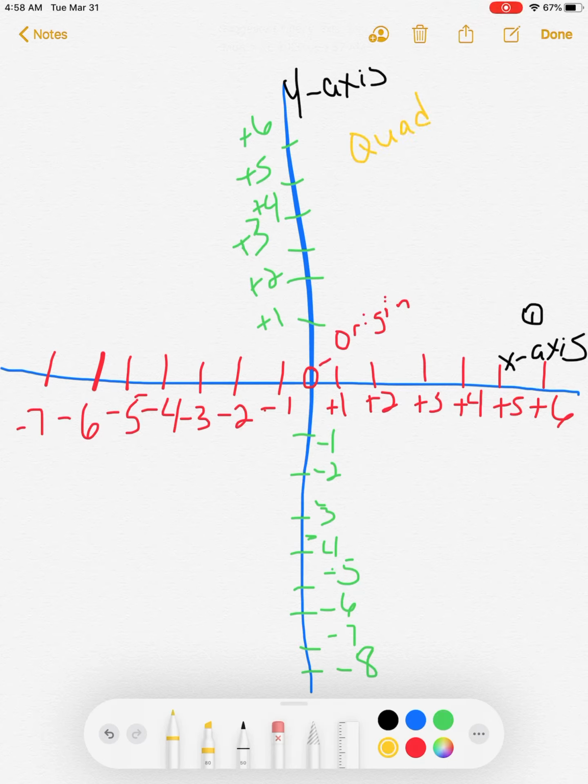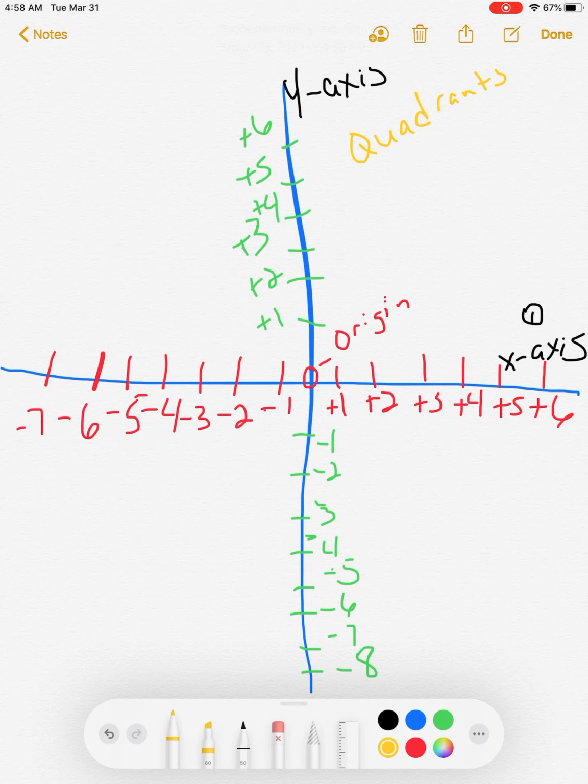We talked about the Latin root quad in class, and we know quad means 4. And these are the 4 quadrants. I hope I spell that correctly. But I'm going to erase the number 4. We just know that quad means 4.